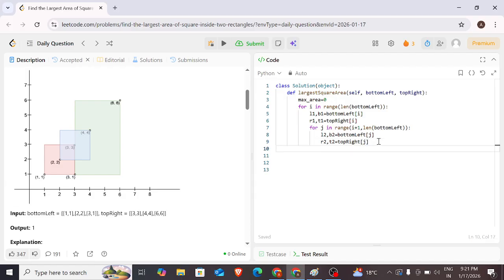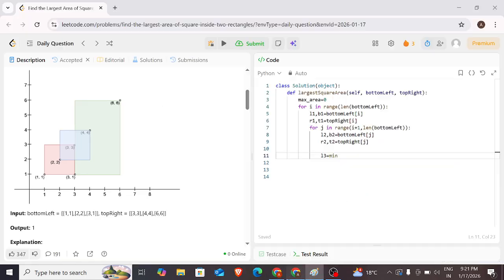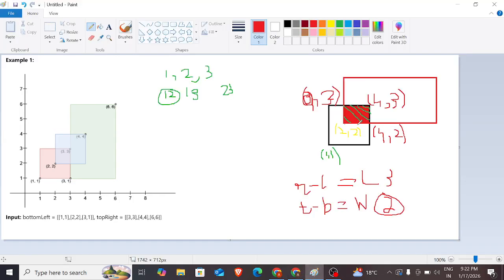So now what we have to do for our L3: you see L3 is the maximum of black and red, so L3 is equal to max of L2 comma L1. B3 is again the max of the bottoms of the red and the black rectangles, right?